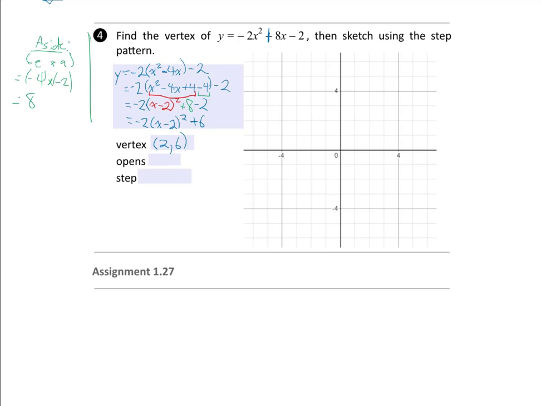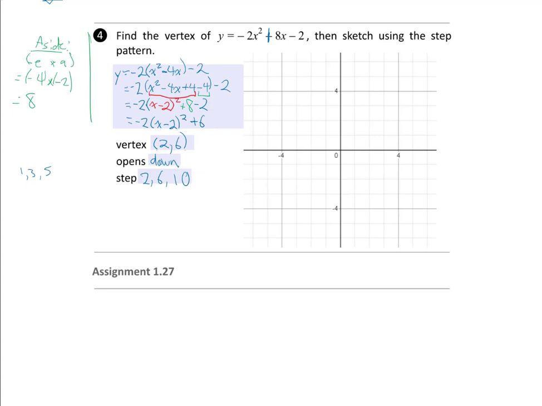It opens down because our a value is negative, and our step pattern, well, instead of 1, 3, 5, it should be 2, 6, 10, because our a value is negative 2, which means it's opening down, but it's also stretching it vertically.